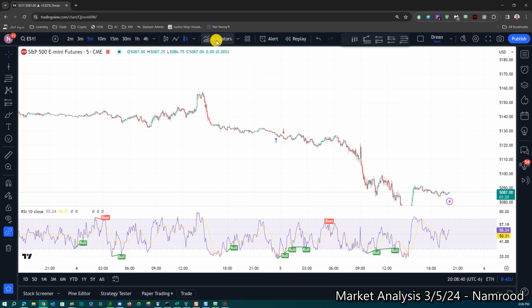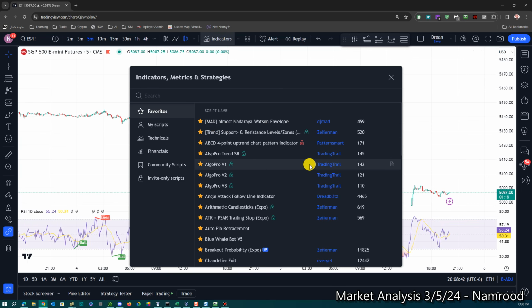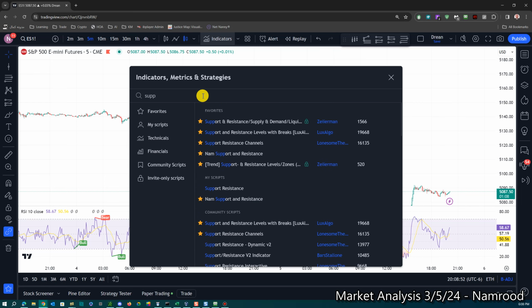The second indicator would be, maybe, yeah, we will put some support and resistance. That's my own.